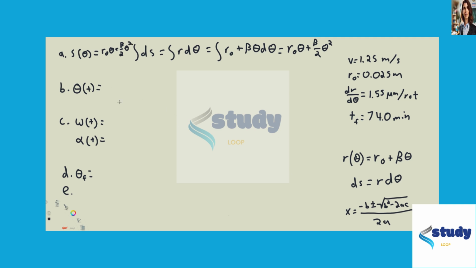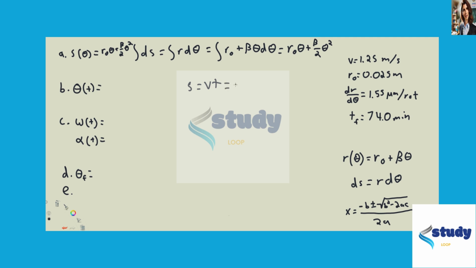And so we can move on to B, which is asking us to find theta with respect to time. We're told that it's going at this constant velocity, so we know that s is going to be equal to vt. So all we need to do is plug that into this equation.